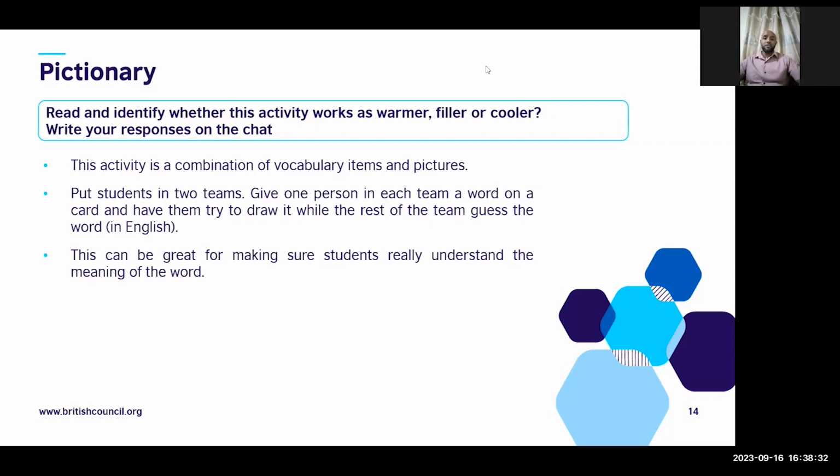When we do this activity, we make sure that we provide vocabulary items related to the particular lesson we're teaching. So this can be great for making sure students really understand the meaning of the word. So I want you to guess for which type of activities this fits, either cooler, filler, or warmer.